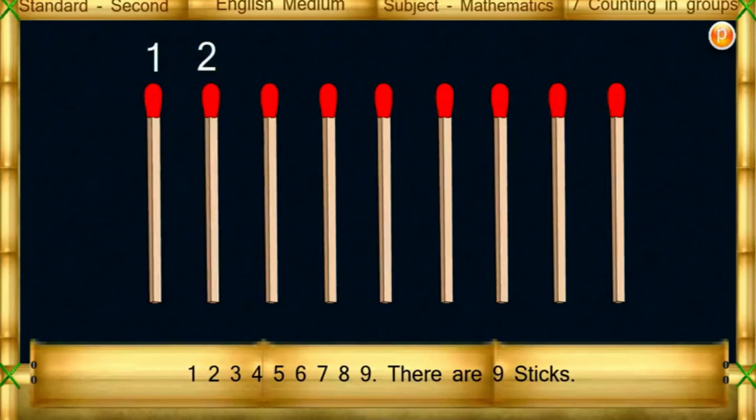1, 2, 3, 4, 5, 6, 7, 8, 9. There are 9 sticks.